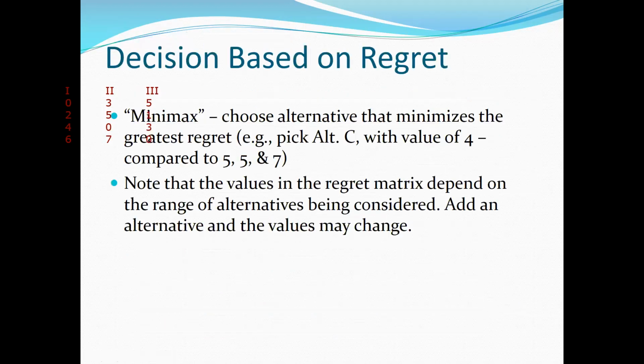And then you can do the same thing with the minimax regret criteria. Okay, so minimax means minimize the maximum regret. So if you're trying to minimize the maximum regret, which alternative would you pick?